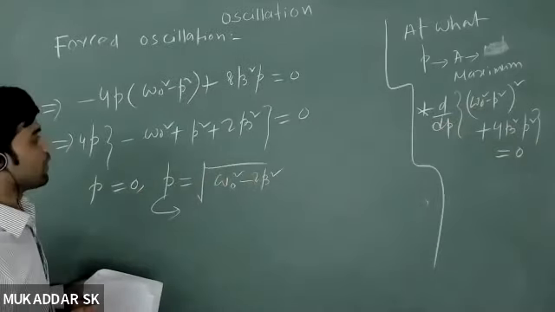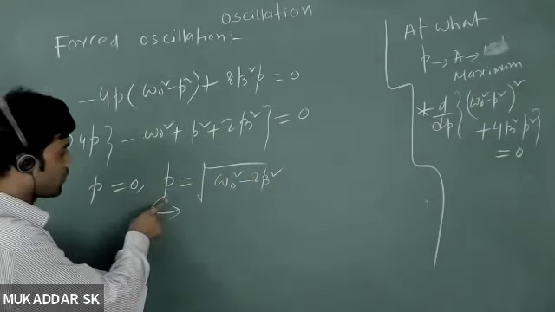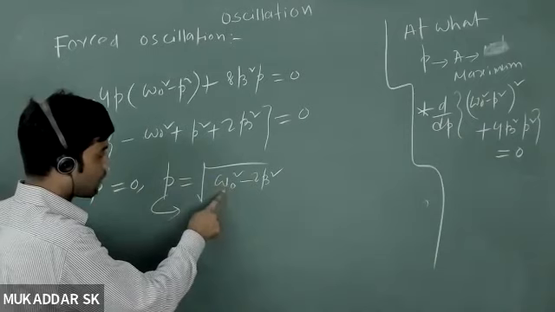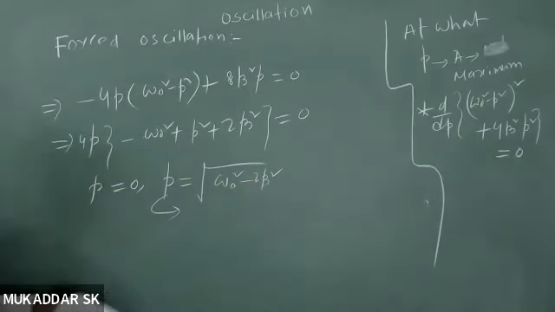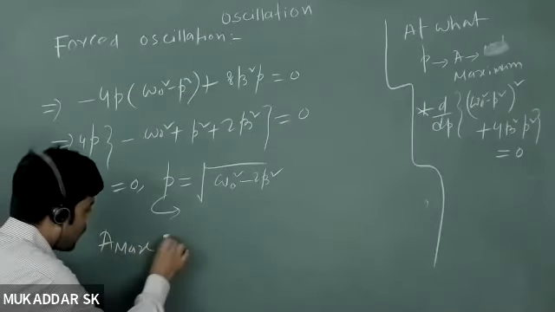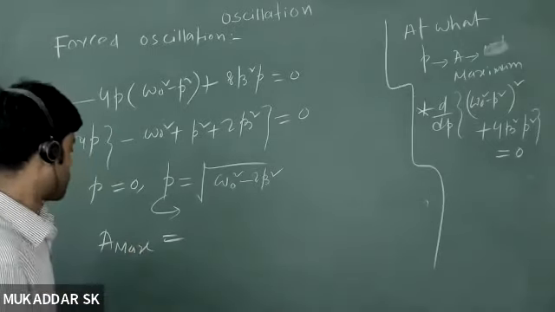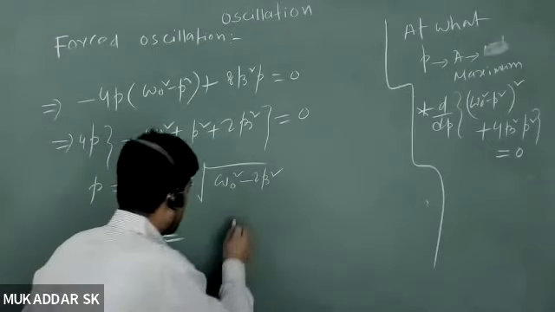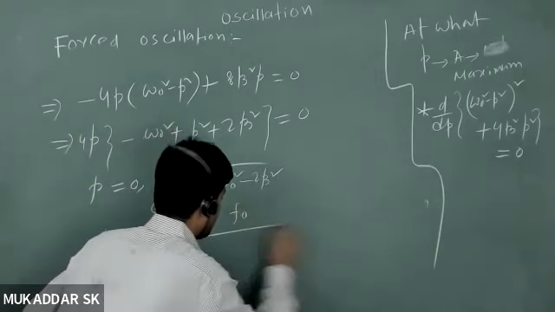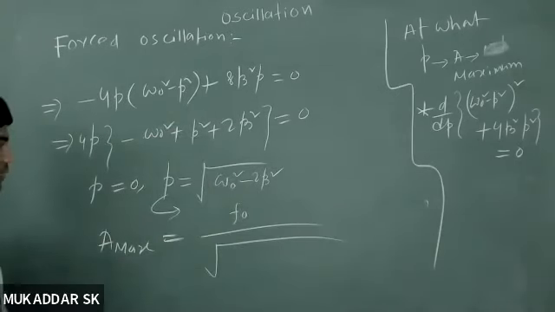What does it mean? It means the amplitude will be maxima when the driving frequency equals the square root of omega naught square minus 2 beta square. Now I'll calculate that maximum amplitude. I'll just substitute this value. You know A was F naught divided by the square root of omega naught square minus p square whole squared plus 4 beta square p square.